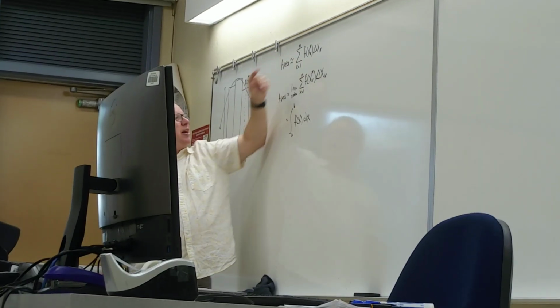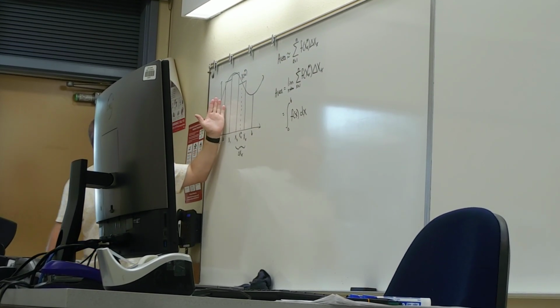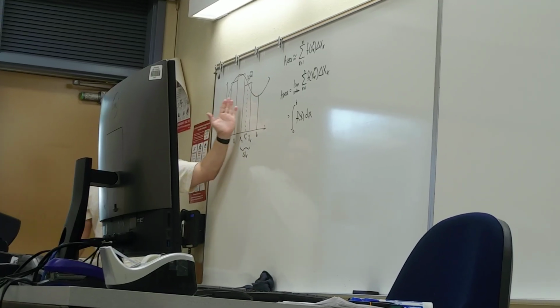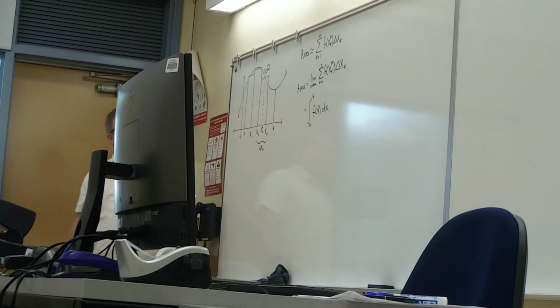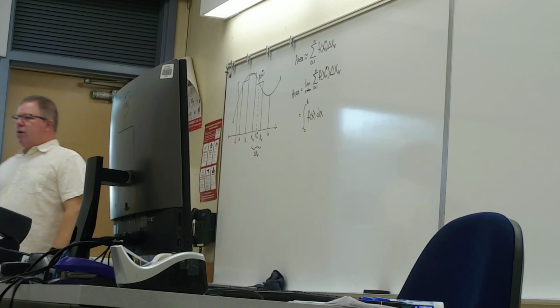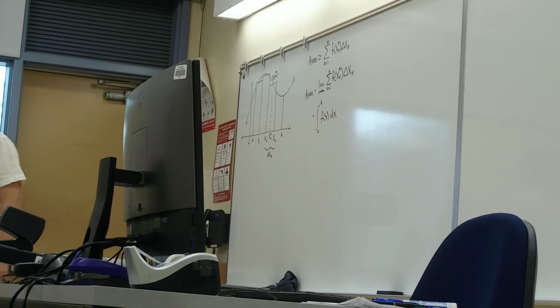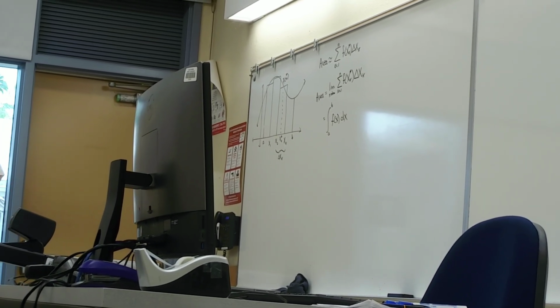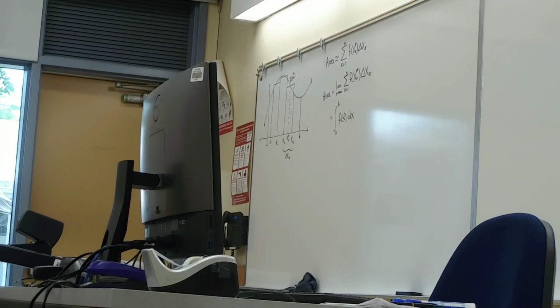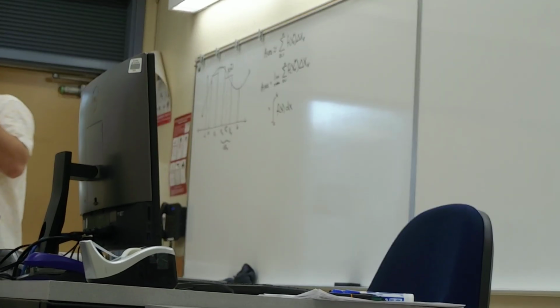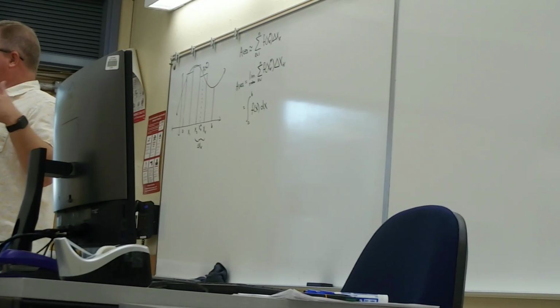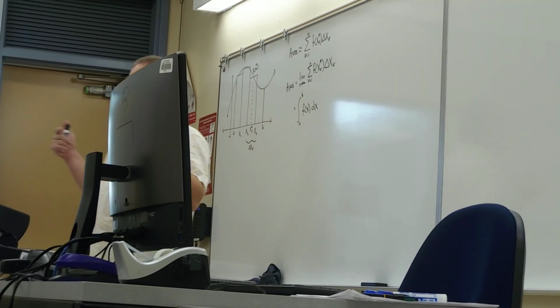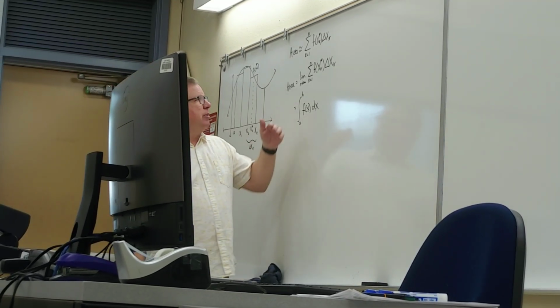This sum, 1 to k, adds up all the rectangles, all n of them between A and B. If we want our area approximation to be more accurate, we put more rectangles in. If we want our area to work out exact, we put infinitely many rectangles in.